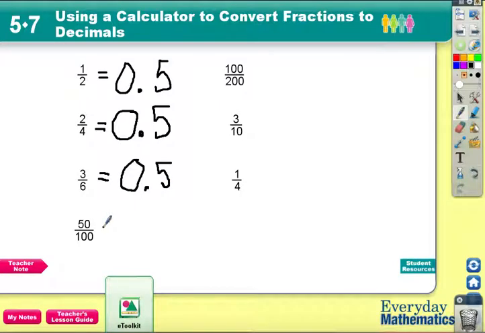And the same with 50/100. It is 5/10. And 100/200 would be 5/10.